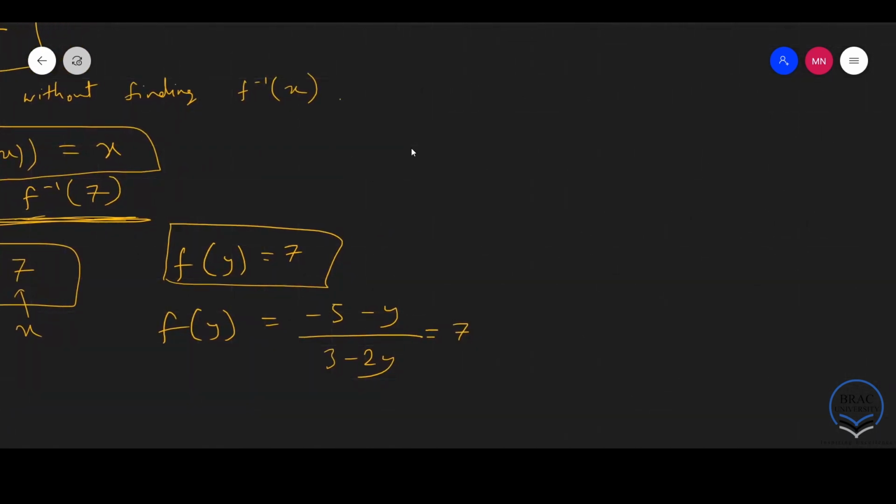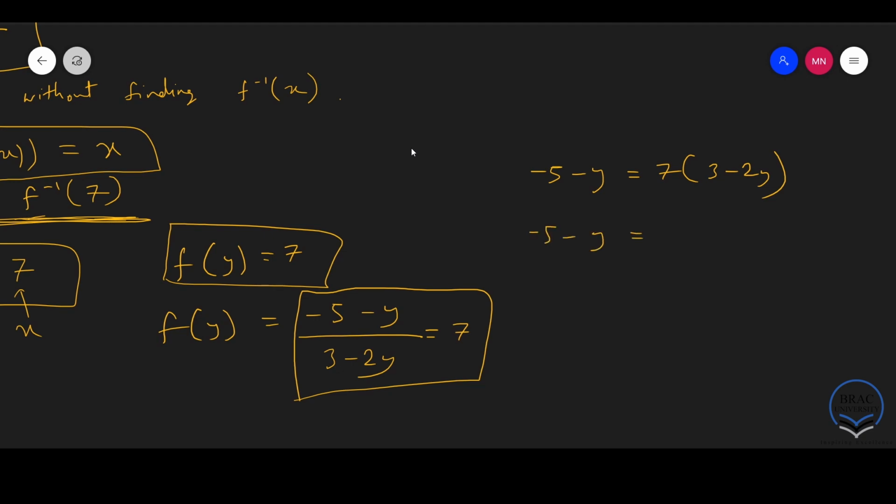So now we can just solve this equation for y. So we can just rearrange, multiply both sides by 3 minus 2y. So we have minus 5 minus y is equal to 7 times (3 minus 2y).